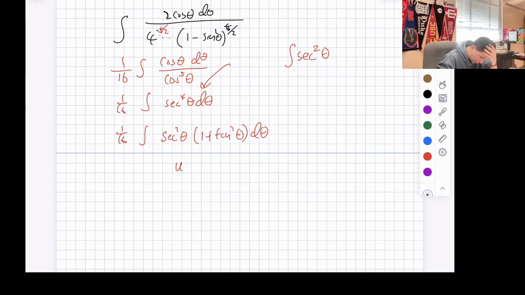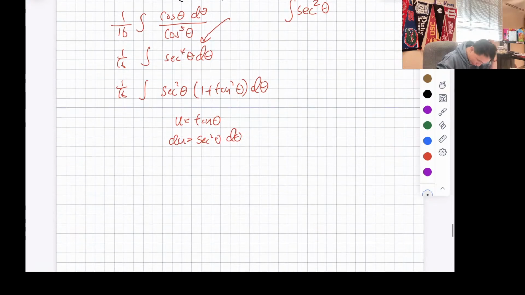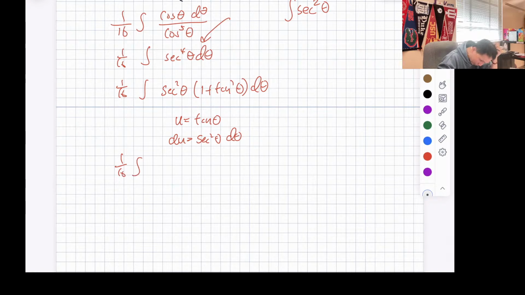So what is u equal to? Tangent theta, du is equal to secant squared theta d theta. Is that okay so far? Yep. So 1 over 16. This one is 1 plus u squared du, right?